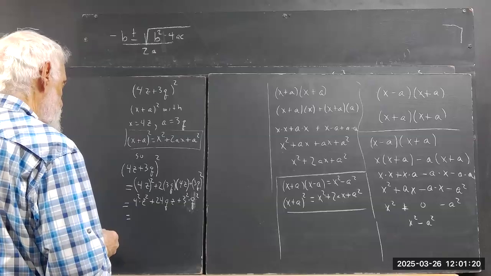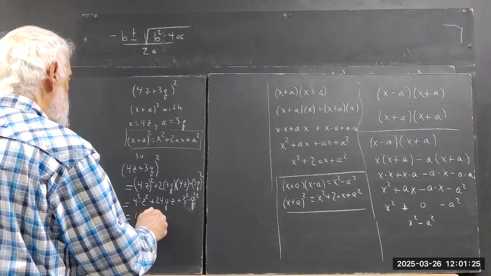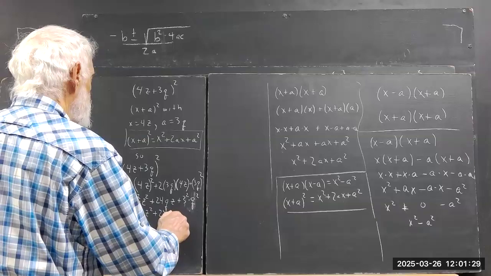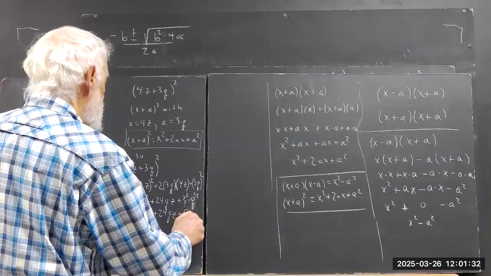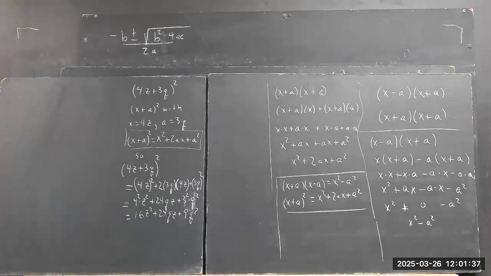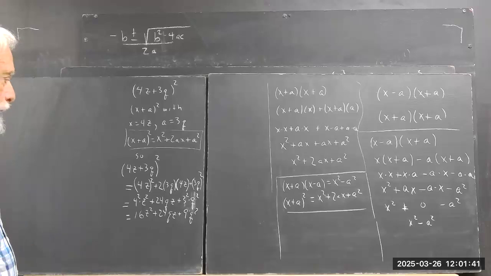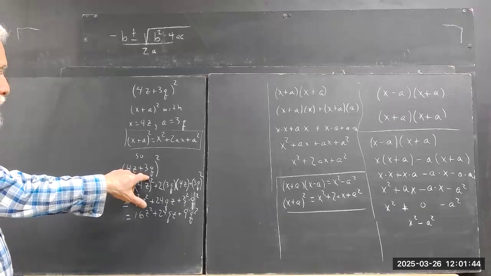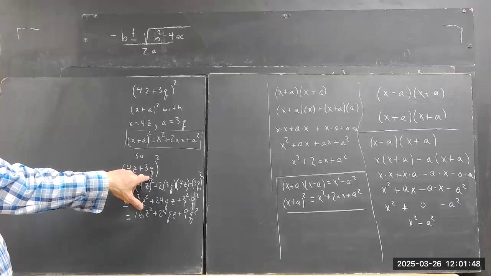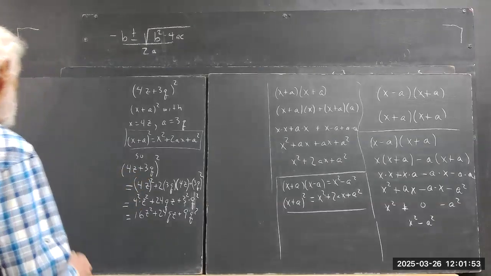So we end up with 16z squared plus 24qz plus 9q squared. Now, if you get efficient with this, that's a lot quicker than trying to multiply 4z plus 3q times 4z plus 3q. And just to demonstrate that, we've got time.